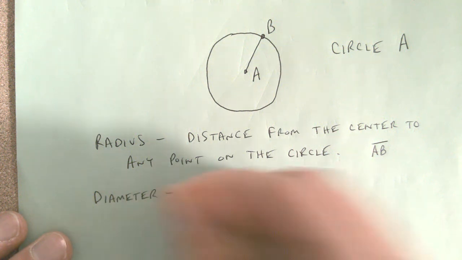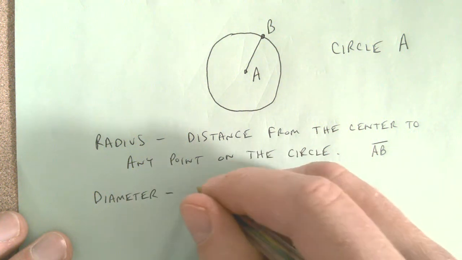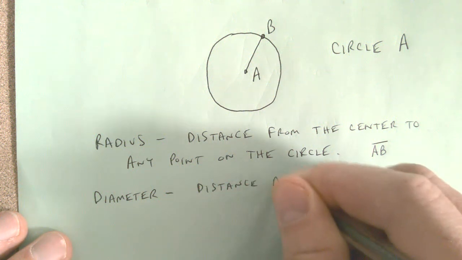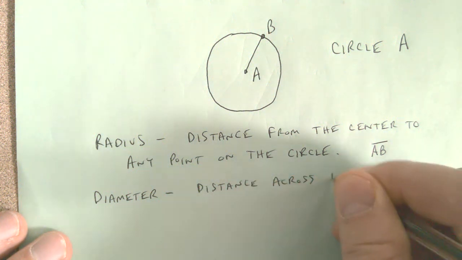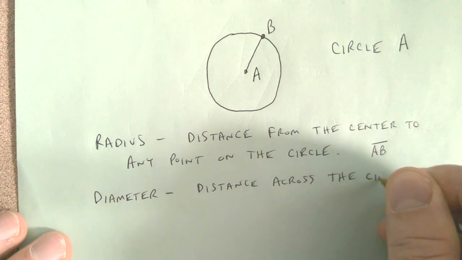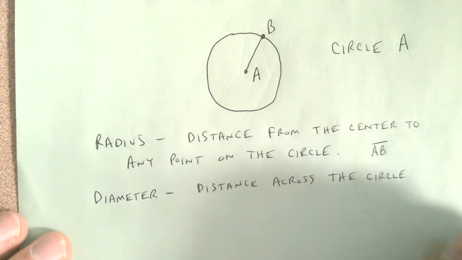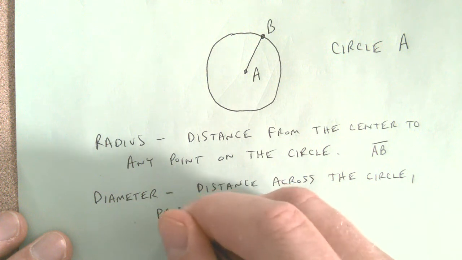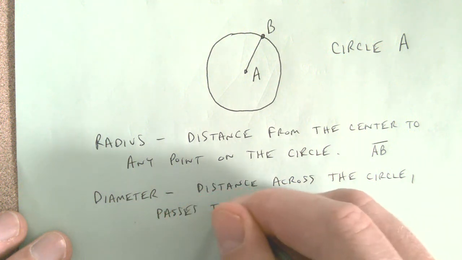We say the diameter is the distance across the circle. And again, it's important that that distance passes through the center.